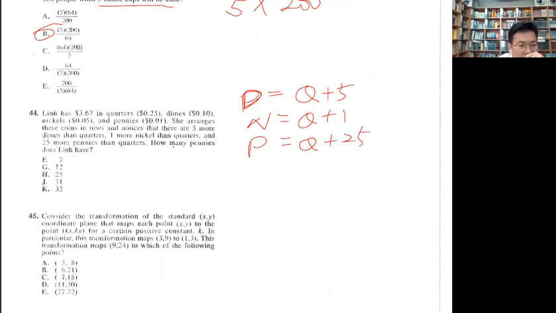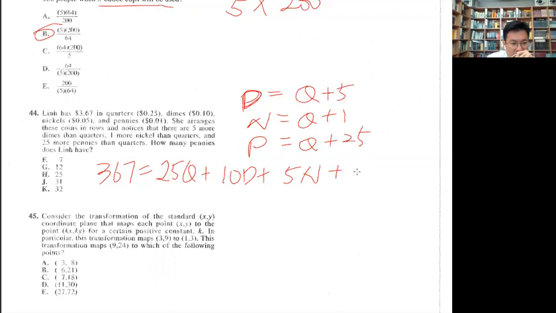Okay, so 367 equals, no, just 25, not point, 25q plus 10d plus 5n plus 1p. Okay.